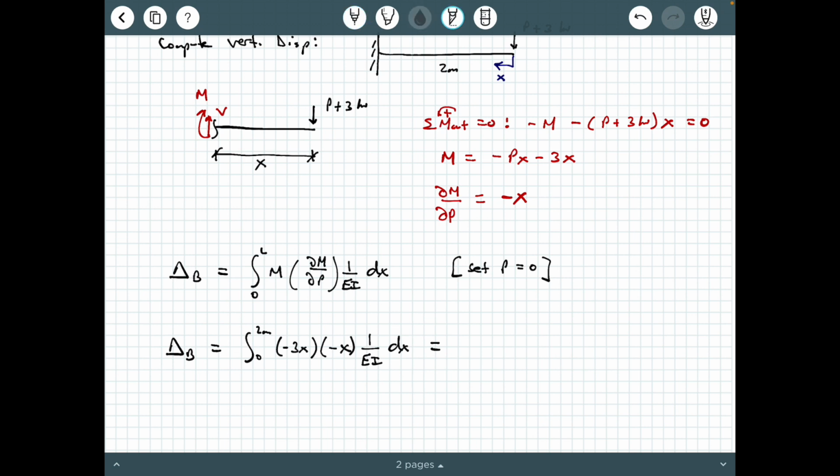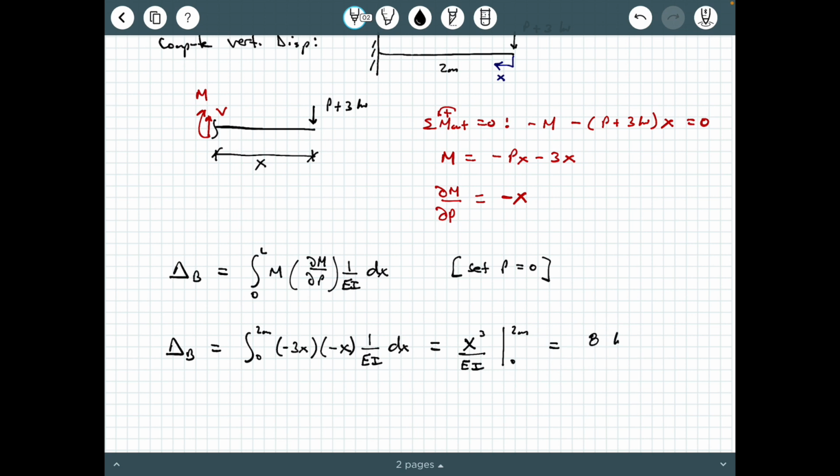When you multiply these together, you get 3x squared, raise the power and divide by the new power. So we should just end up with x cubed over EI evaluated from 0 to 2 meters. And what do we end up with here? 2 cubed is 8.